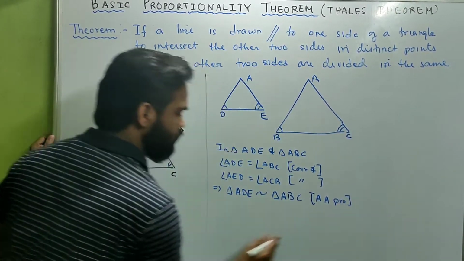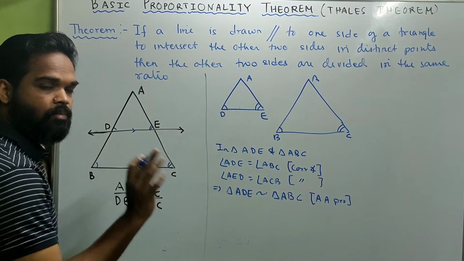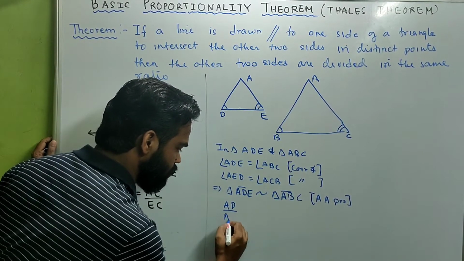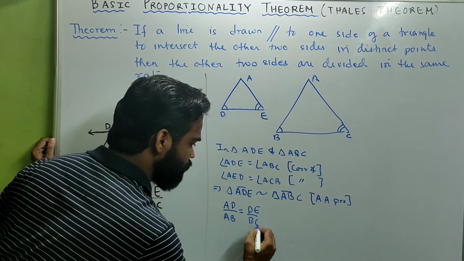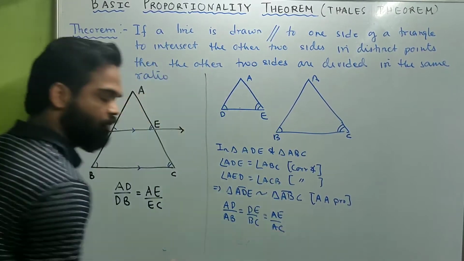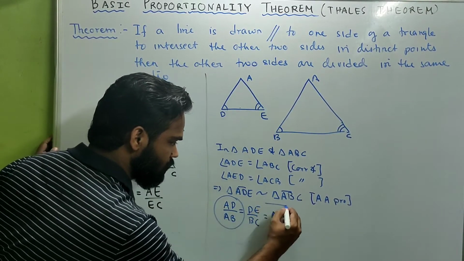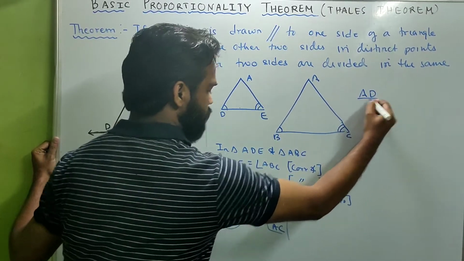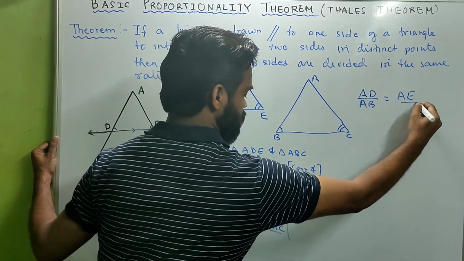Now, if they are similar, we know that the sides are proportional, which means AD by AB is equal to DE by BC is equal to AE by AC. We know this. Now take this and this. Since all three are equal, we can say that AD by AB is equal to AE by AC.